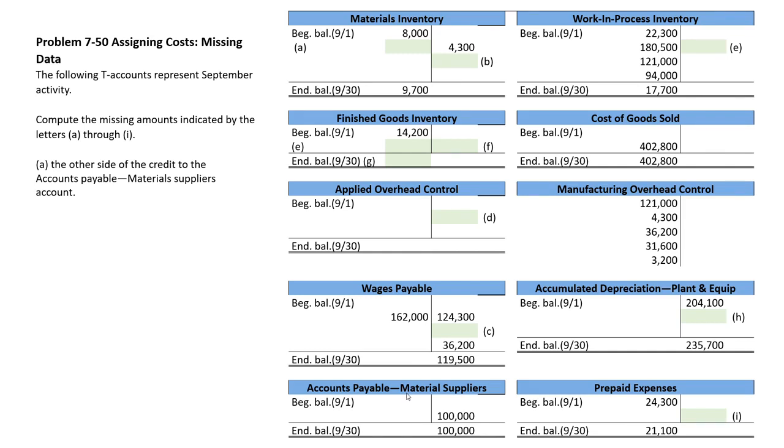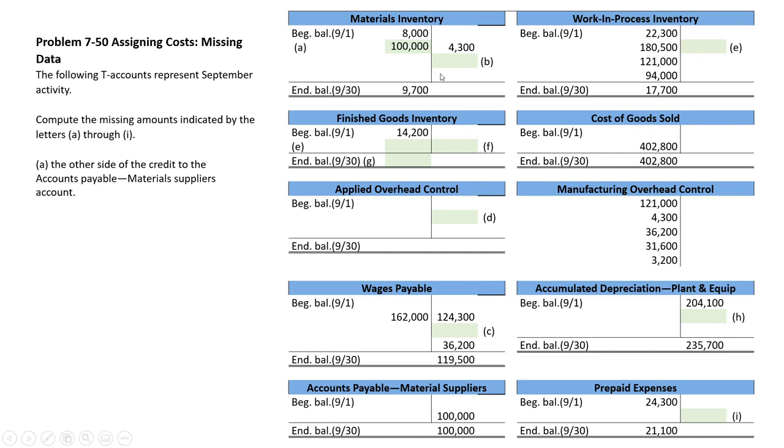So I feel like likely I bought these on credit. So let's take a look at what the credit was to this particular account. It's 100,000. So that also would be the debit to materials inventory because I was purchasing materials on account. So I filled in my first one, $100,000 debit to materials inventory.